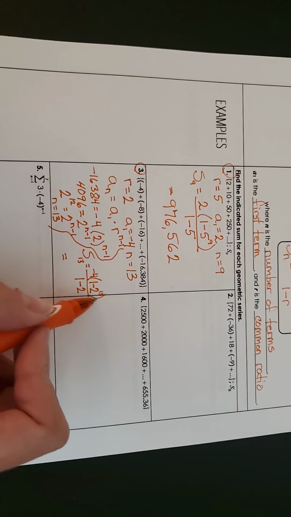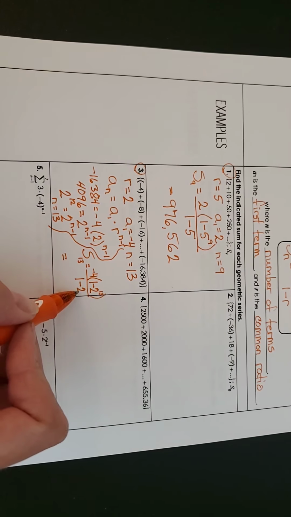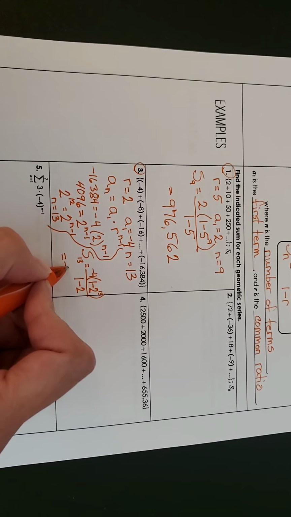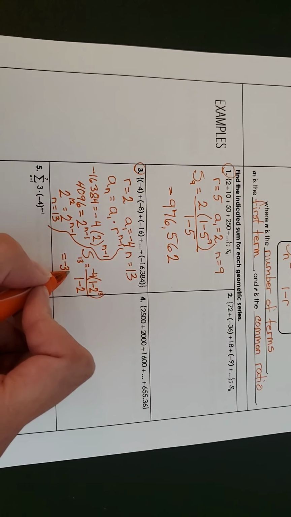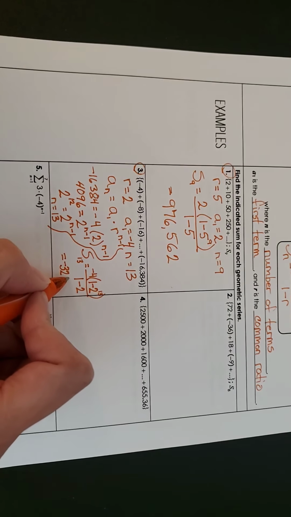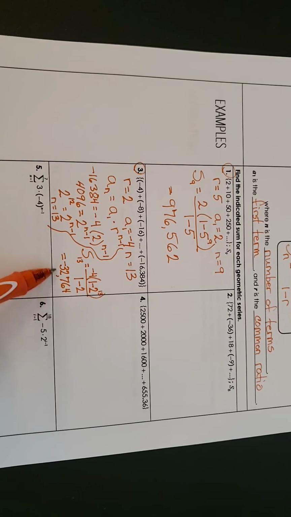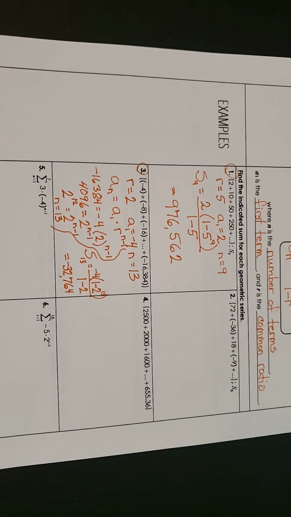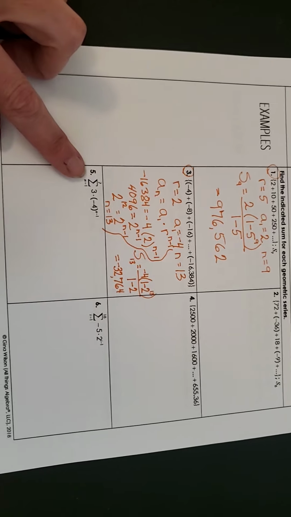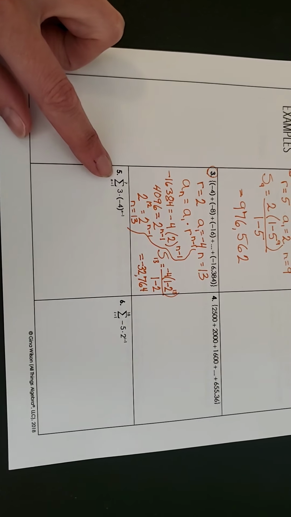And if I plug that whole piece into my calculator, I find that I get -32,764. I do just want to stop and make sure that that makes sense. I am adding a whole lot of negatives, so that does make sense that I would end up with a negative sum.